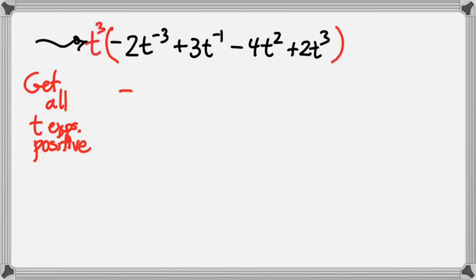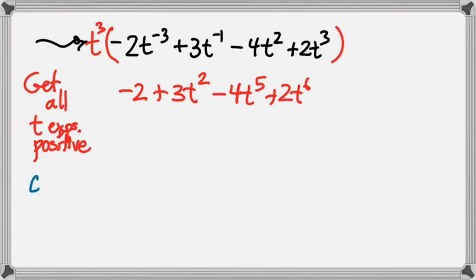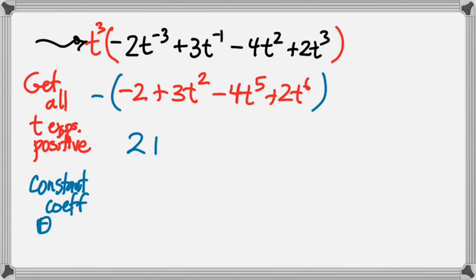So then that's going to give me negative 2 plus 3t to the second minus 4t to the fifth plus 2t to the sixth. And then I also want to get my constant coefficient positive. What's the easiest way to do that? Yeah, just multiply by negative 1. Just flip the signs on everything. So then we would call this version the Alexander polynomial, now that we've gone through the normalization process.